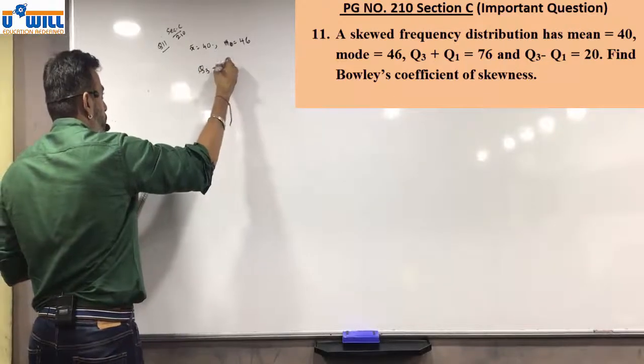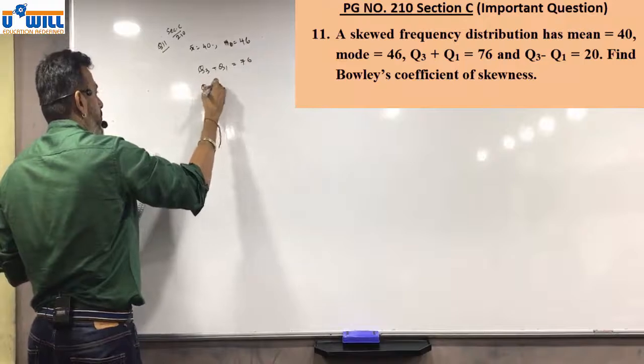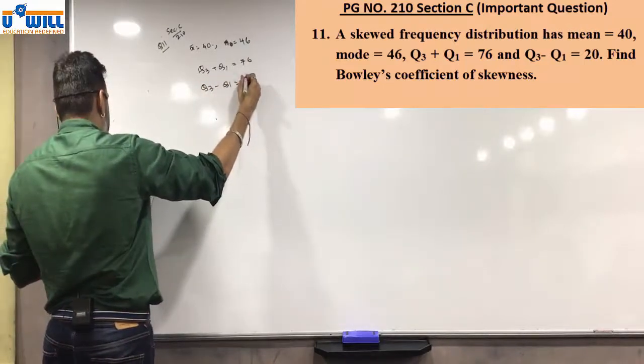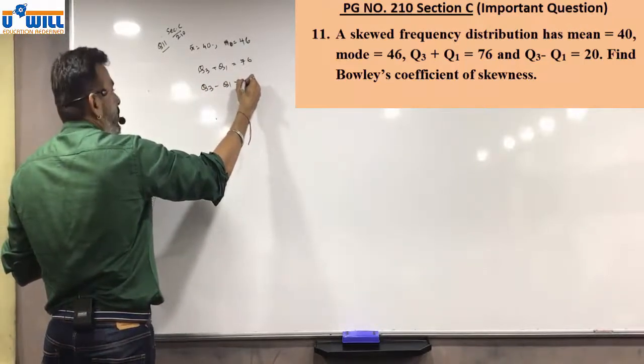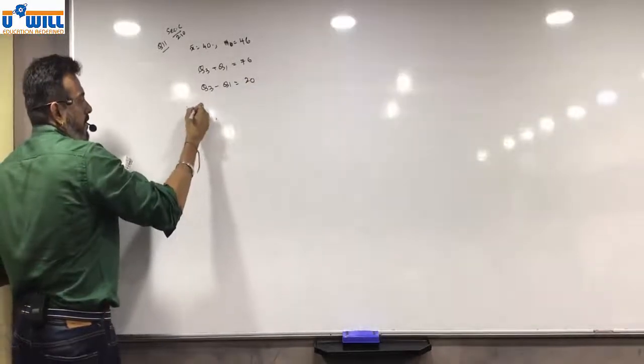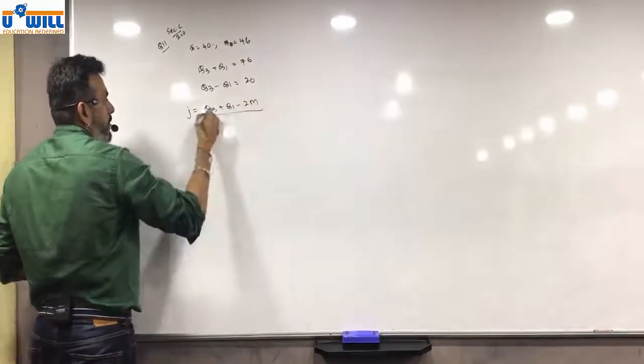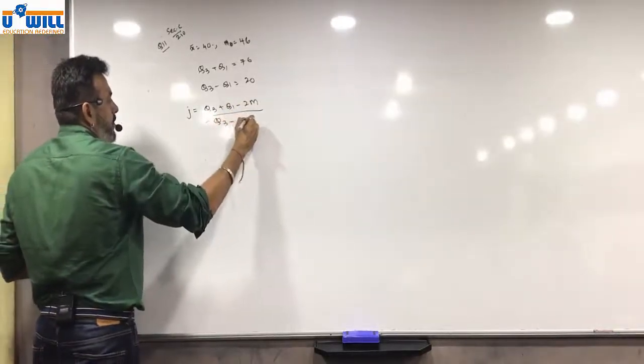Q3 plus Q1 is equal to 76 and Q3 minus Q1 is equal to 20. Now, the formula is J is equal to Q3 plus Q1 minus 2M upon Q3 minus Q1.